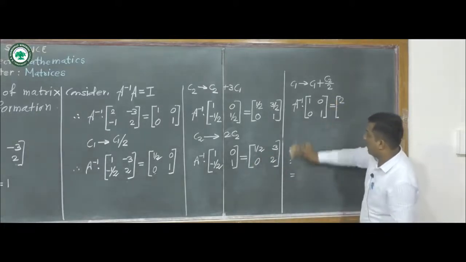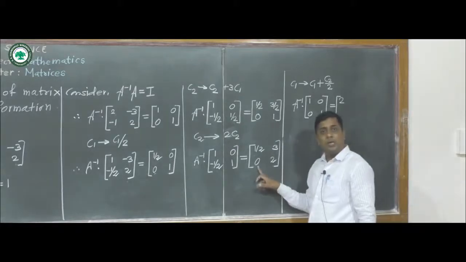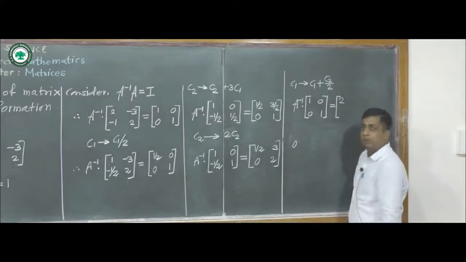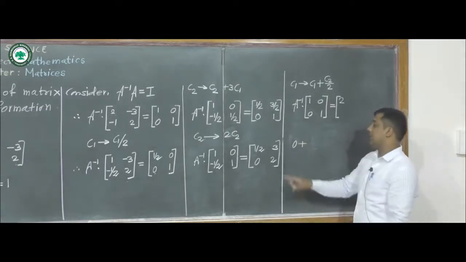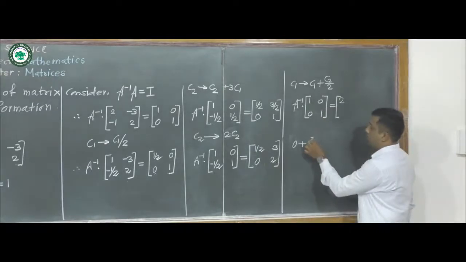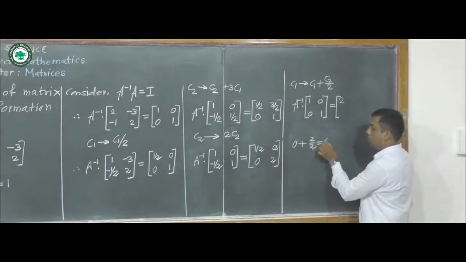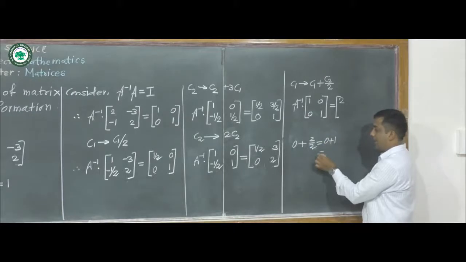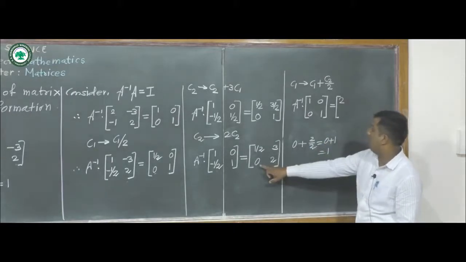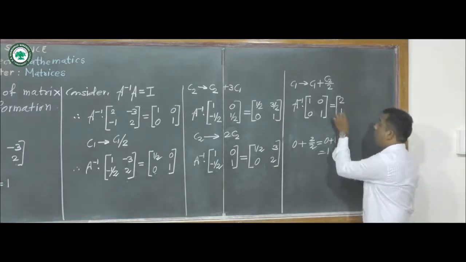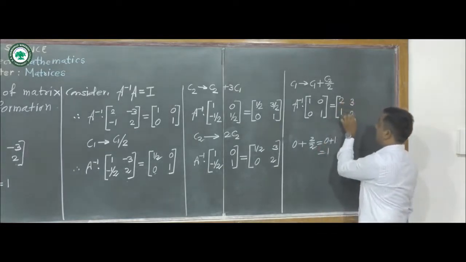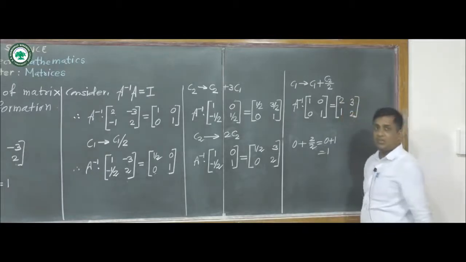Next, for the second element, the second element from the first column is 0, then plus the second element from column second, which is 2, so 2 upon 2, we know 2 upon 2 is 1, so in the position of 0 we get 1. Now we keep our second row as it is, that is this 3 2 as it is.